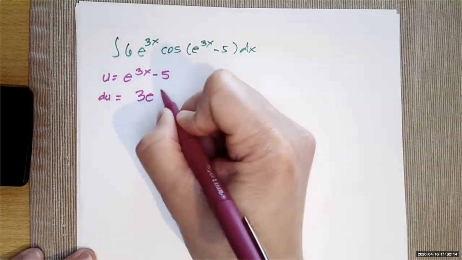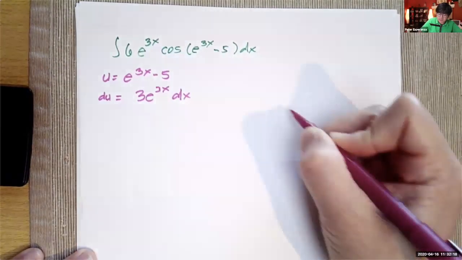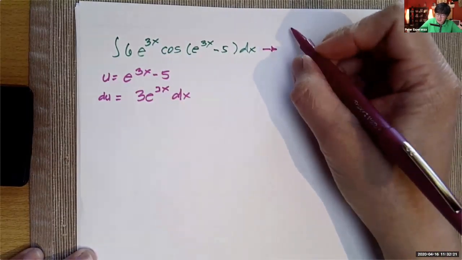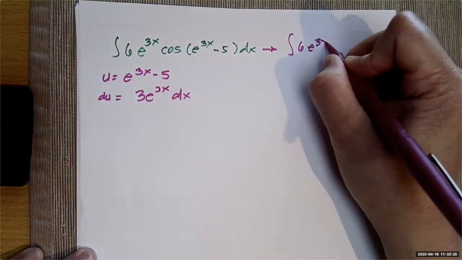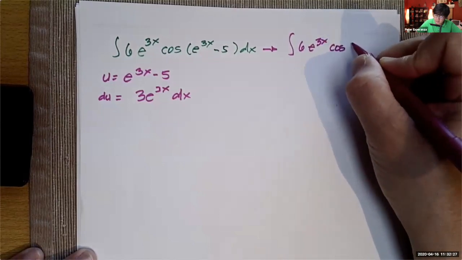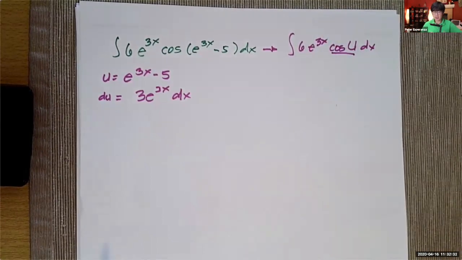What is the du in this problem? 3e to the 3x. Don't forget the dx, okay? Now let's change this into an integral of u: copy, change, copy. So this is the only thing we change. Now, what do you notice?